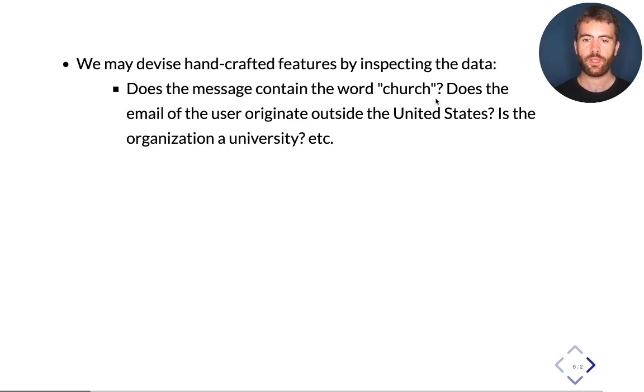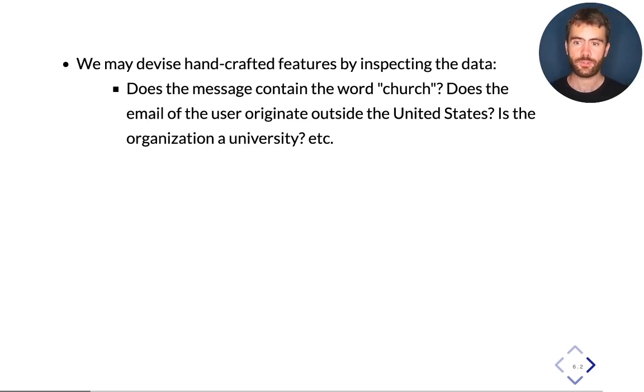So for example, maybe one useful feature is whether the message contains the word church, or maybe whether the email originates from inside or outside the United States, or is the organization that's in the email a university, or has the person signed their name, is this a male name or a female name?